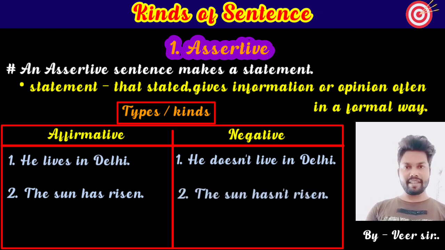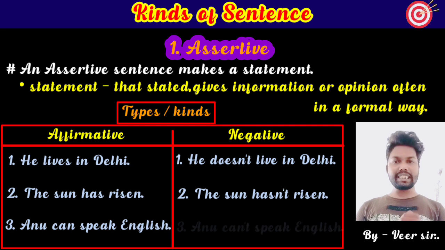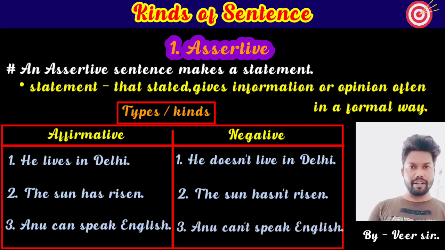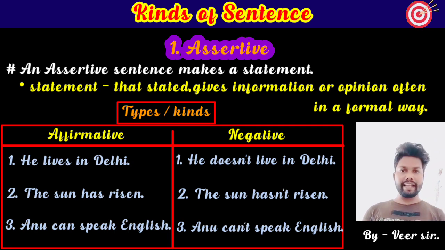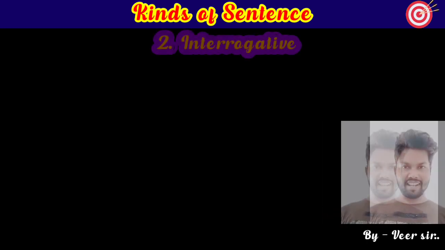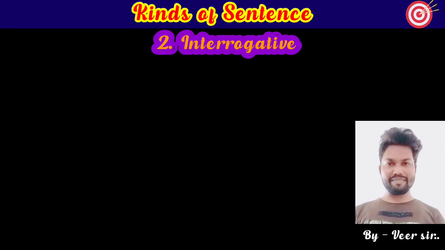Then third one, Anu can speak English is a positive statement, but Anu can't speak English is a negative statement. Normally, we use the negation not in every negative sentence. Clear? Now it's time to move forward to the next type of sentence, and that is an interrogative sentence.